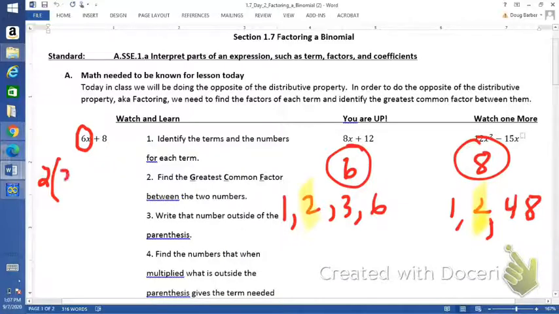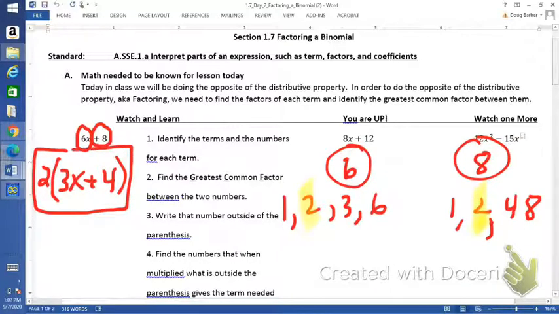Well, 2 times 3x would give you 6x. 2 times what number gives you a positive 8? 2 times a positive 4 would give us 8. And so this is the factorization for 6x plus 8.